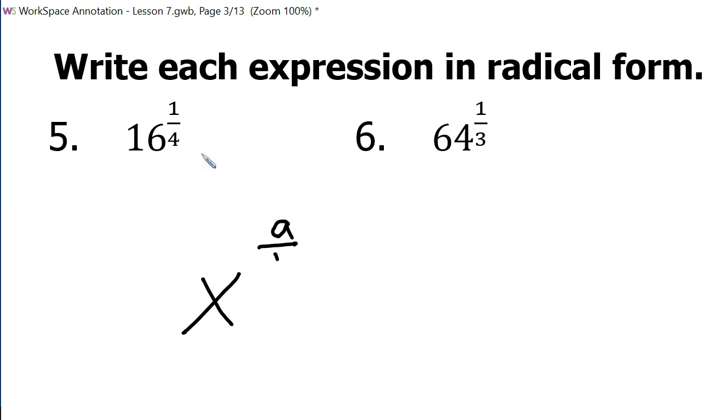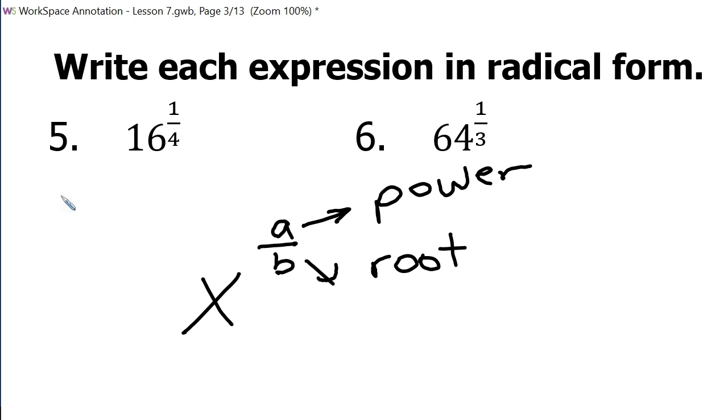Now the top number is the power. So it's the power that it's being raised to. The bottom number is the root. And over here, this number is the base. So x is the base, a is the power, b is the root.